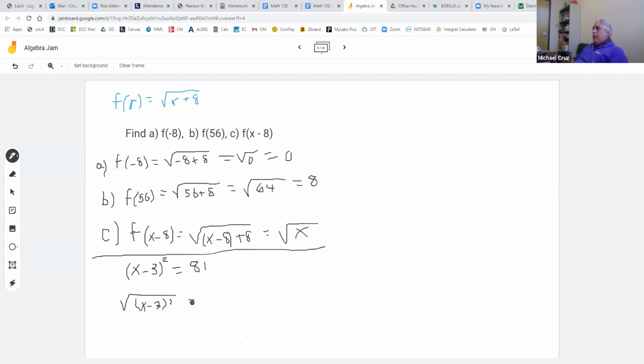All right, and then when we do that, we got to throw in the plus or minus square root when we take the square root, because the way square roots work is that both the negative and the positive, when squared, give you the same value. And I'll explain that in a minute when you see it. So that comes out. The reason why we're taking the square root is to undo the square.